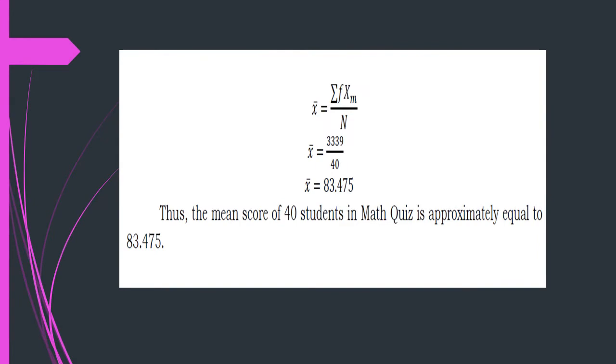So we are going to use the formula for mean: mean equals summation of fxm over n, where summation of fxm is 3,339 and n is 40. Simply divide 3,339 over 40, then our mean is 83.475. Thus, the mean score of 40 students in the math quiz is approximately 83.475.